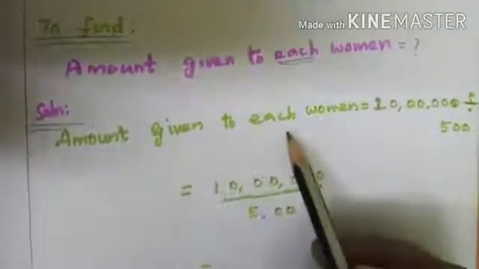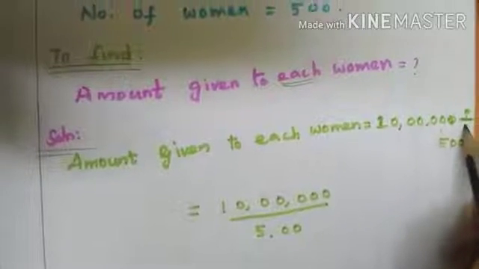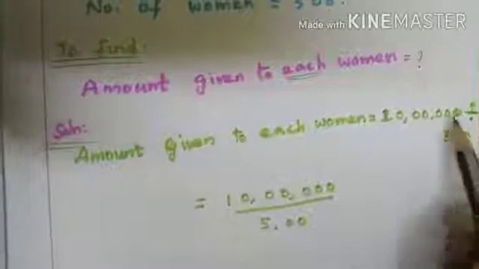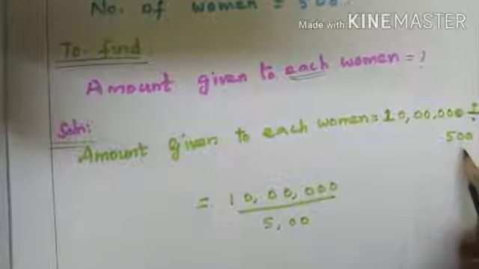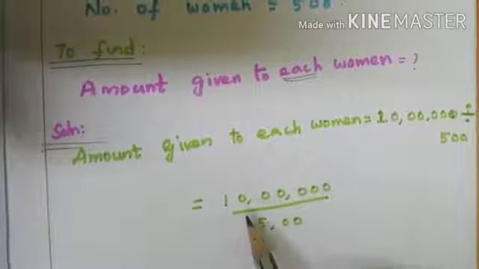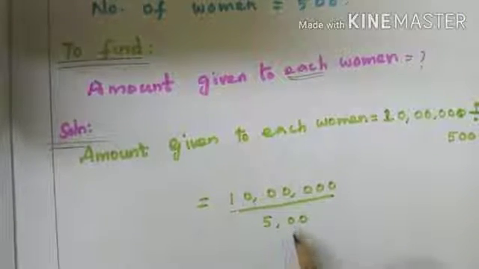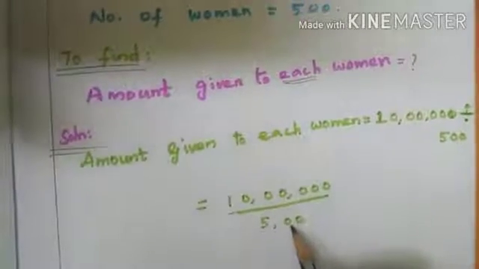So we are going to find the solution. Amount given to each woman equal to 10 lakh divided by the total number of women, that is 500. Now putting the division symbol, 10 lakh divided by 500. Now what can we do? We can strike the zeros.